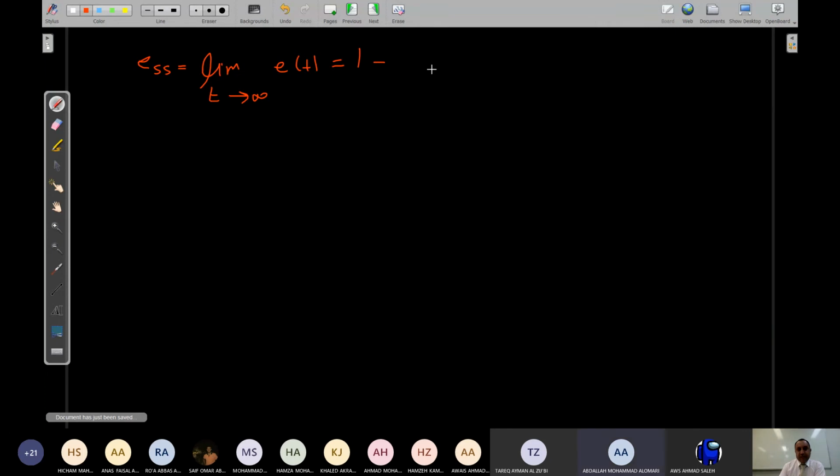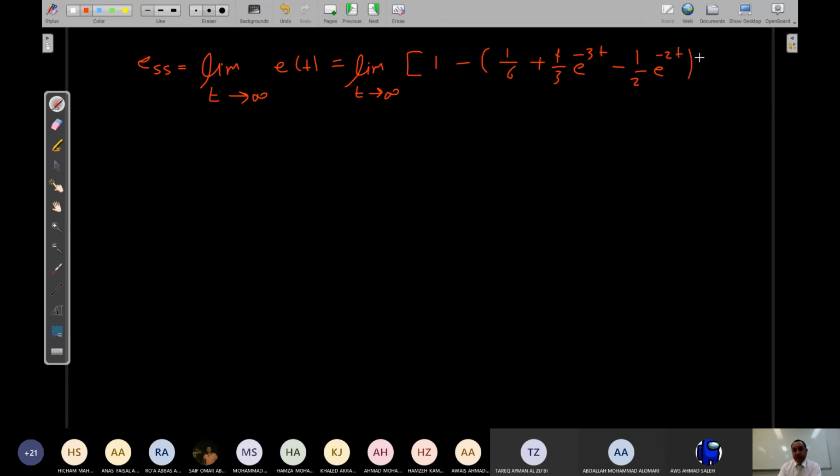It was 1 minus, or let's say the limit when t goes to infinity of 1 minus 1 over 6 plus 1 over 3 exponential minus 3t minus 1 over 2 exponential minus 2t u of t.